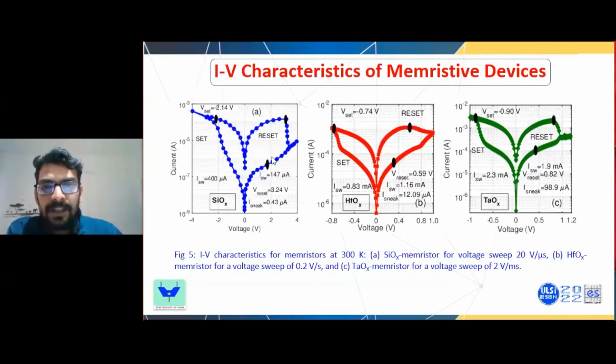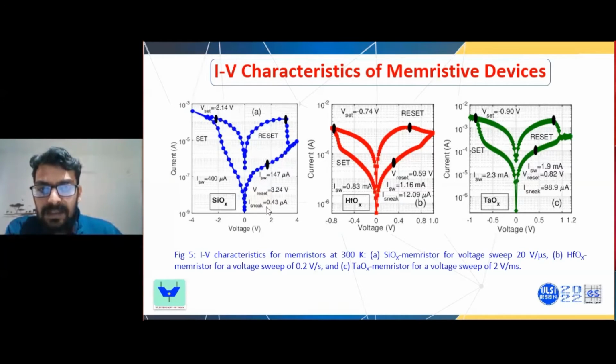These are the simulated IV characteristics of all three devices at 300 Kelvin temperature with different voltage sweeping rates. This is the silicon oxide based memristor, the hafnium oxide based memristor, and the tantalum oxide based memristor, in which our silicon oxide based memristor shows the higher on-off current ratio. This is because of the higher energy band gap of silicon oxide, which significantly suppresses the sneak path current.